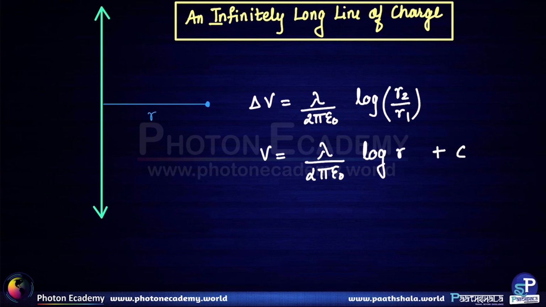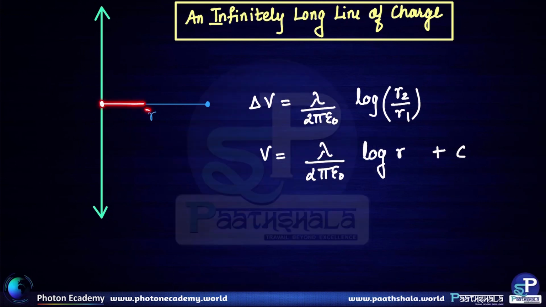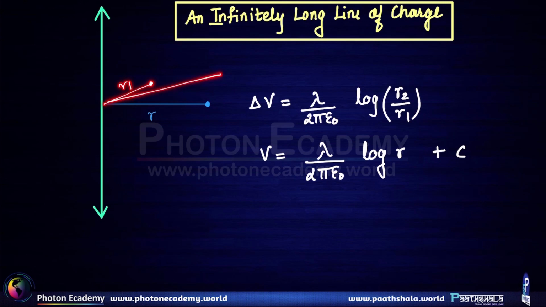Next is an infinitely long line of charge. So this is an infinitely long line of charge, and we look at a distance r from it. We get the value of ΔV. If we are talking about ΔV, we'll have to talk about two different points. One is at a distance, let's say r1, and another point is at a distance r2.